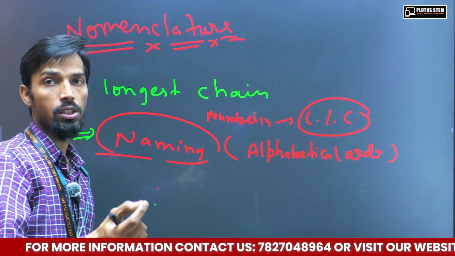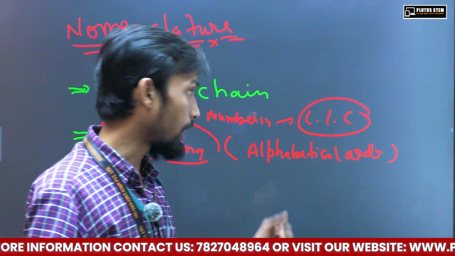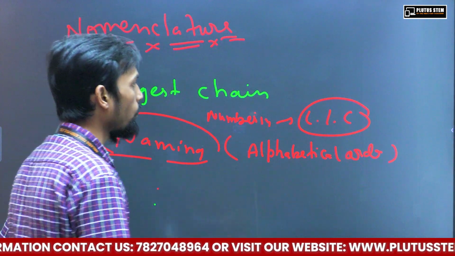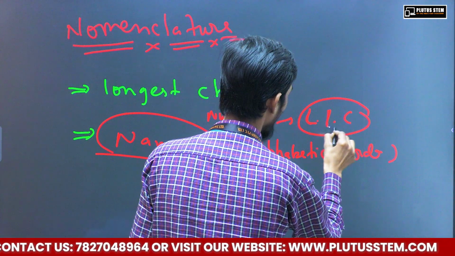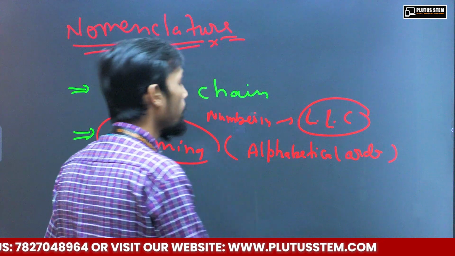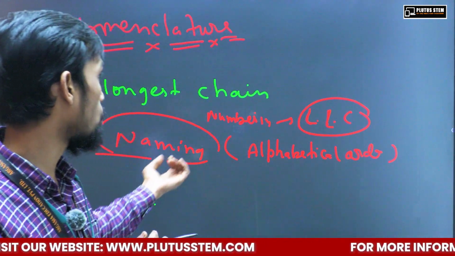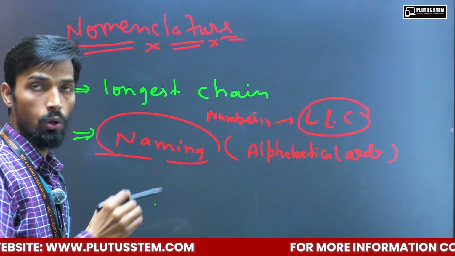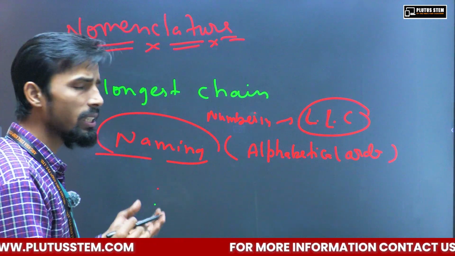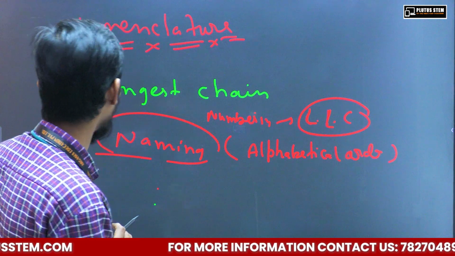The first preference is order, which means the group should get the lesser number. We will discuss that in quite detail in the upcoming lecture.